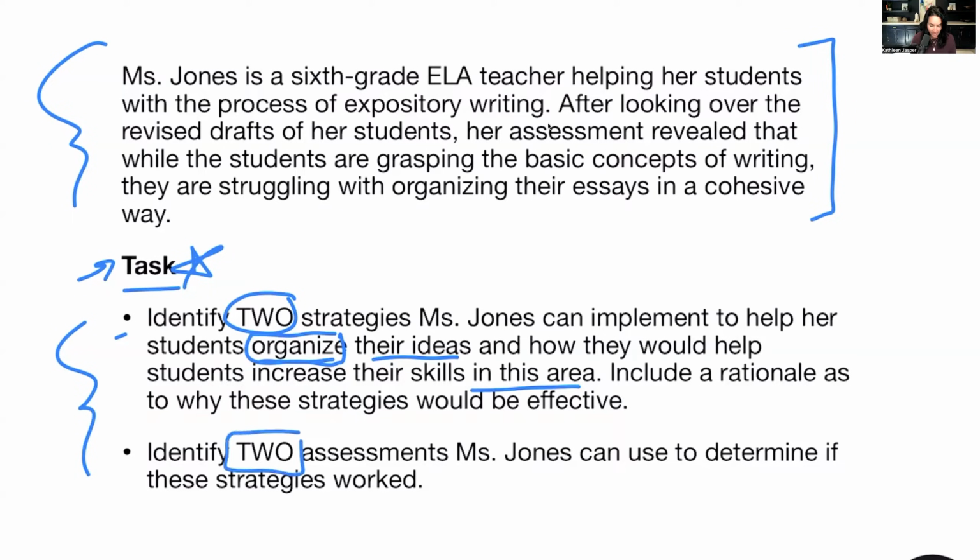Identify 2 assessments Ms. Jones can use to determine if the strategies worked. All right. So assessments can be formative versus summative. They could be diagnostic. They could be criterion referenced. Go back to some of my videos on those. I have lots of videos on different types of assessments. I'll link them up.